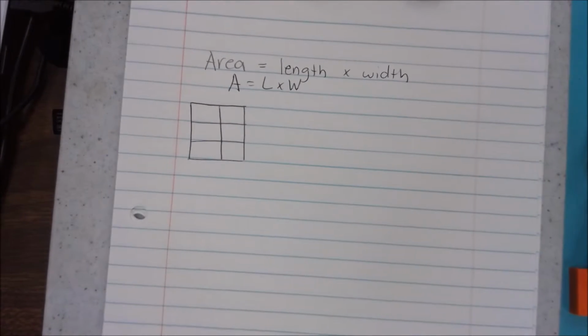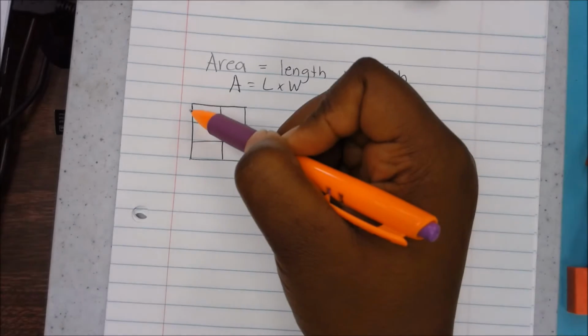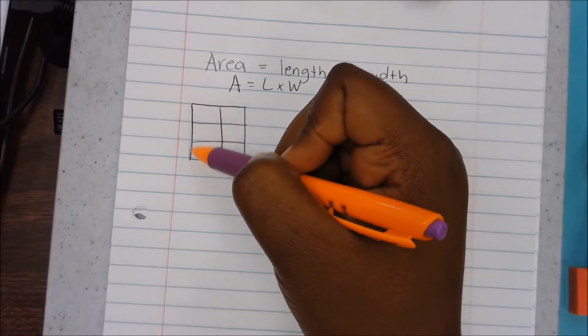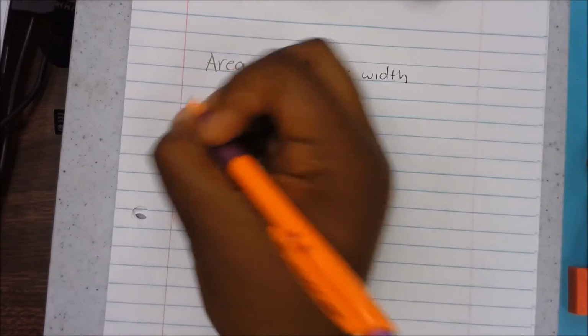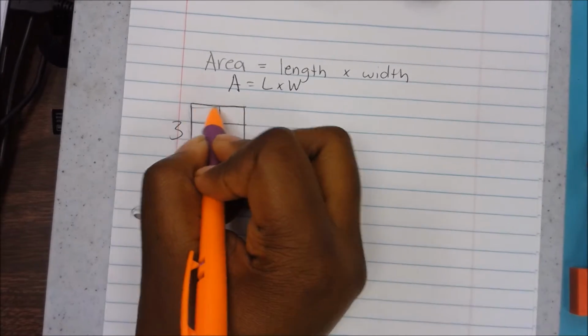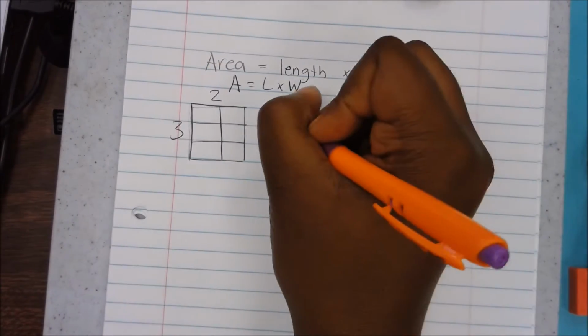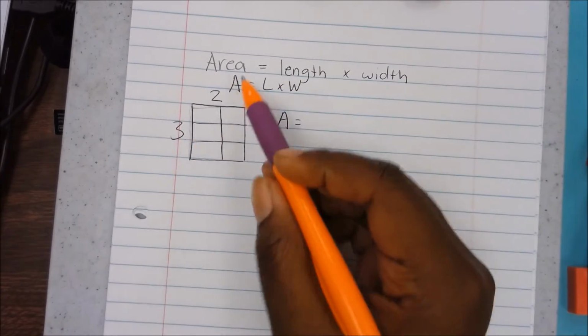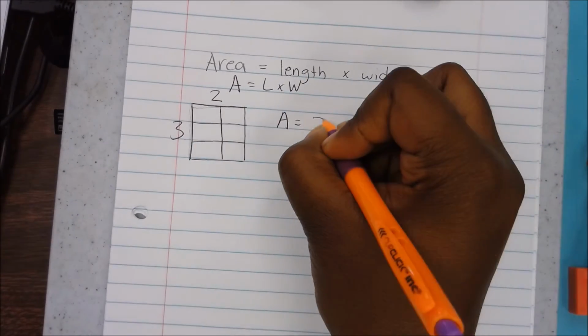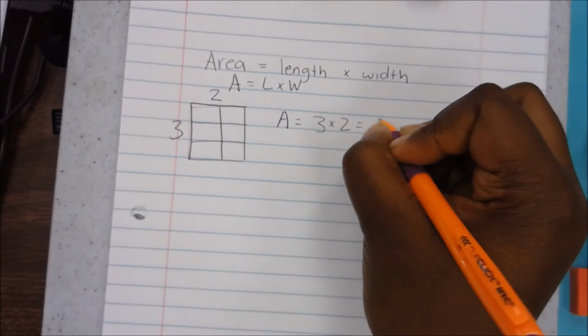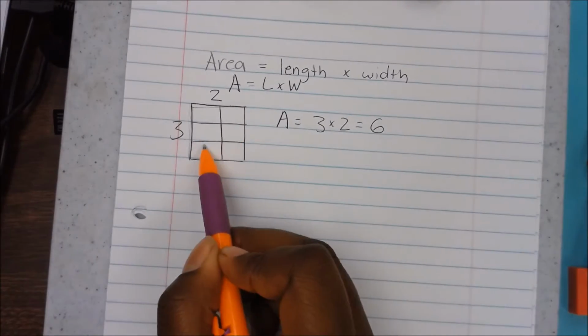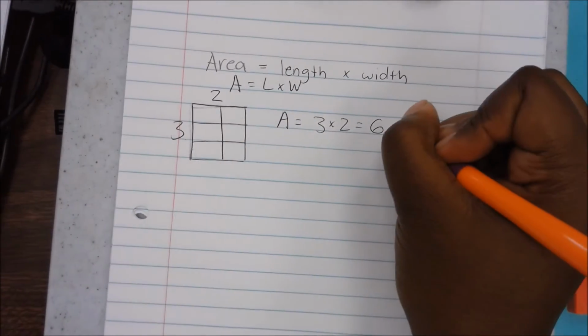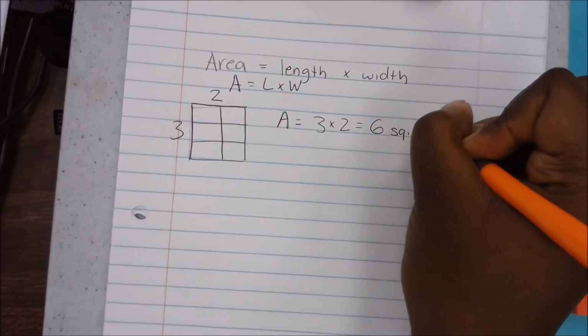They have done the toweling for you. In this case, we have a length of 3 and a width of 2. To find the area, we do 3 times 2, which equals 6, because 6 towels can fit inside of it. And we're counting square units.